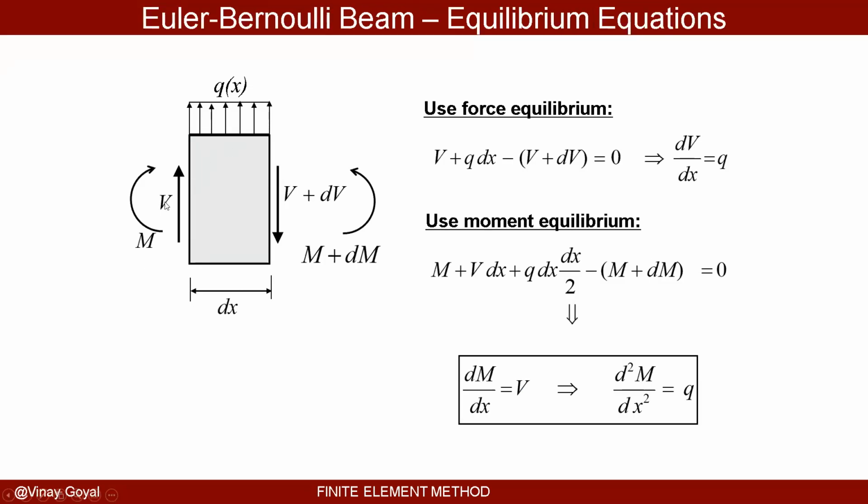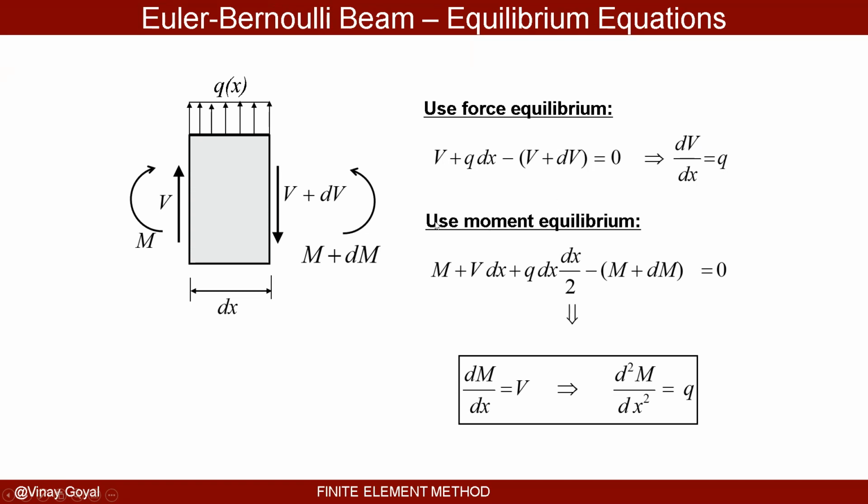With that said, I have V plus Q dx. Q times this dx gives me the load acting on this little piece in the y direction, minus V plus dV, which is the shear force on this side of this little piece. And this is equal to 0. Now I can solve, and I will have dV/dx equals Q.